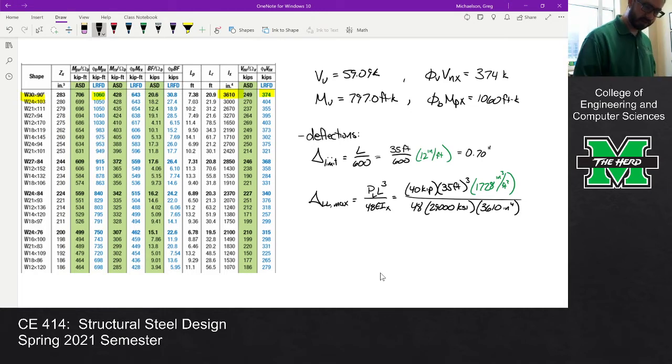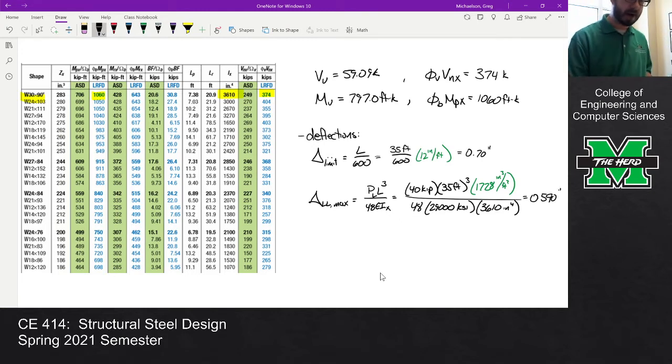So let's see. I'm getting 0.59 inches. So there we go.